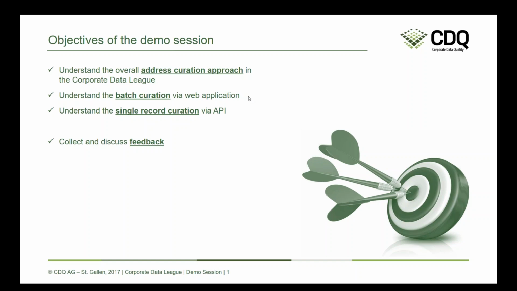You can upload data, you can map it to your custom data models, run the batch curation and download the report. And you can use, of course, which is the major integration use case, to be clear on that, these services via the technical interfaces, the API. That's it for the demonstration.